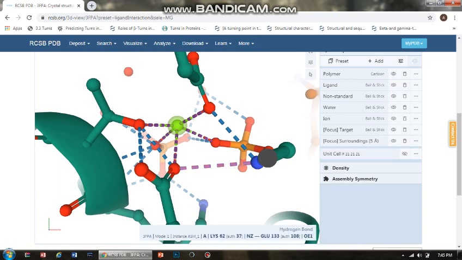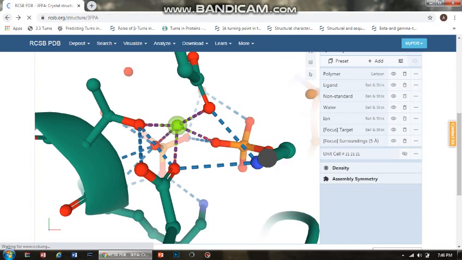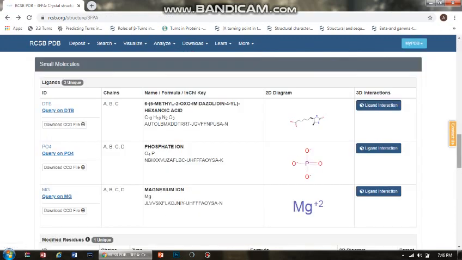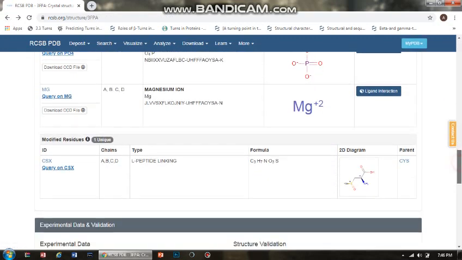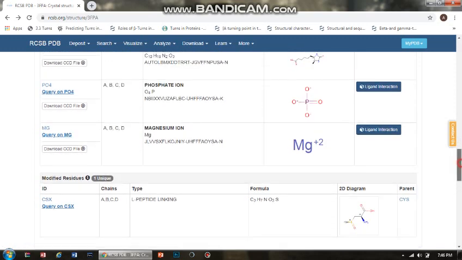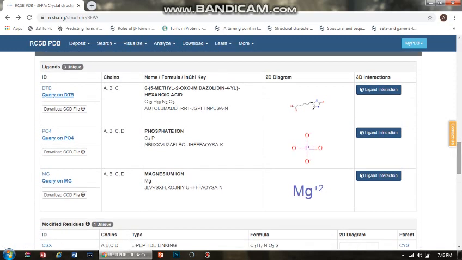This bond shows the hydrogen bond. You can actually put the cursor right on this dotted line, and you can determine the type of bonding between the ligand and the protein's active pocket, right? So this is the importance of the ligands or the compounds that are attached to the protein, in order to determine the activity of the protein's active pocket.